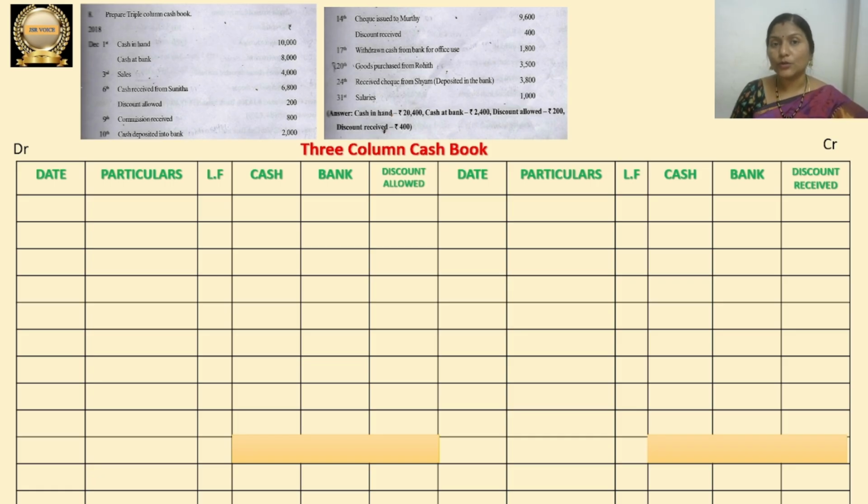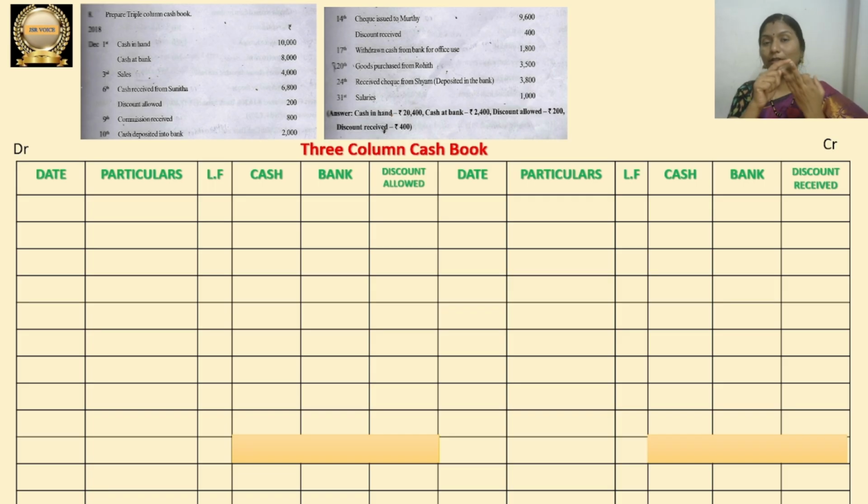We are going to enter those transactions in this 3-column cash book. So let us do the solution so that you will understand it in a better way. You have to concentrate on the topics I discussed in the previous class: the format, what items we record in a 3-column cash book, as well as contra entry and received check.